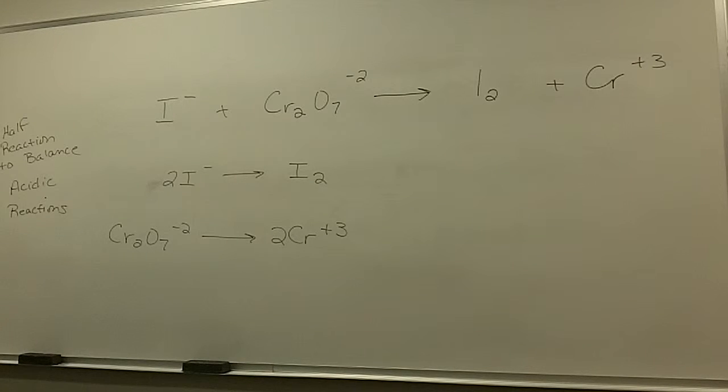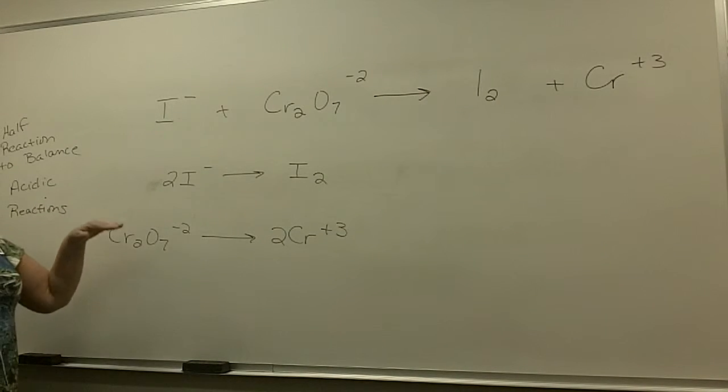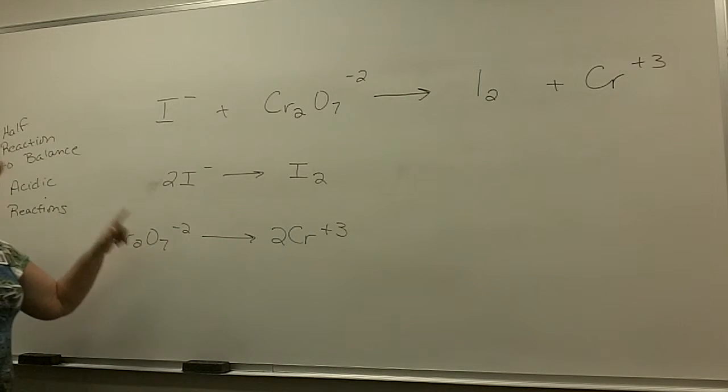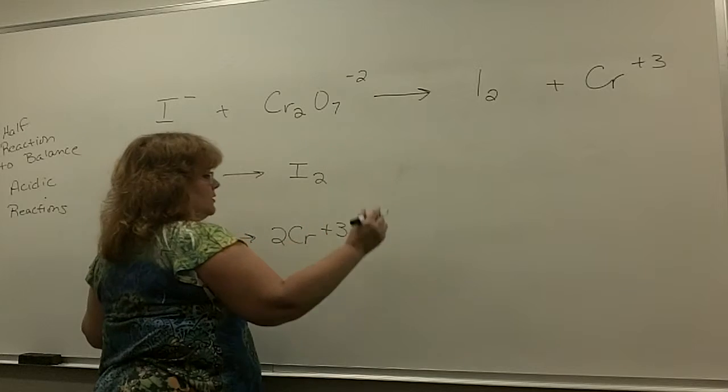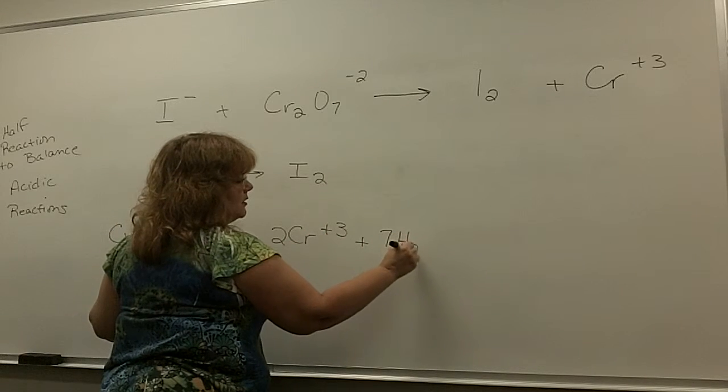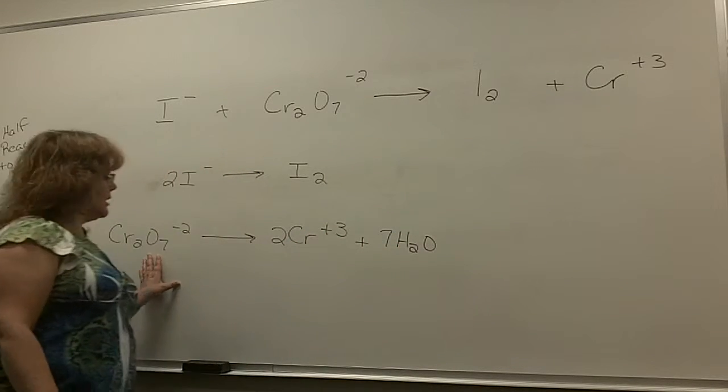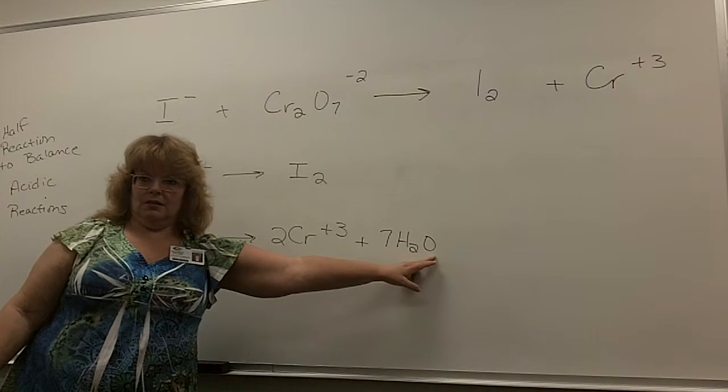Now then, we balance water. We use water to balance the side that needs the oxygens. So basically we do the iodines and the chromiums first, then we worry about oxygens. Since there's 7 oxygens over here, I'm going to add 7 waters here to get my oxygens balanced.